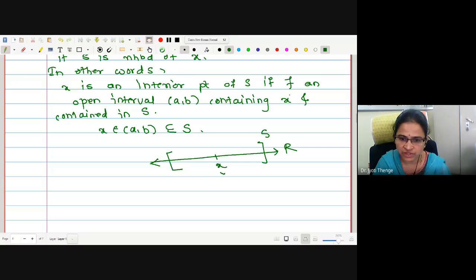I want to check whether X is an interior point or not. For this, we draw a small open interval around X and check whether that open interval is contained in the set S or not. If it is, then X is an interior point. If it is not, then X is not an interior point.